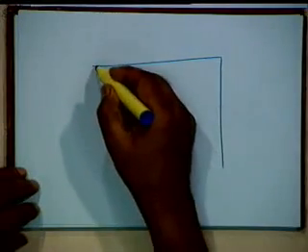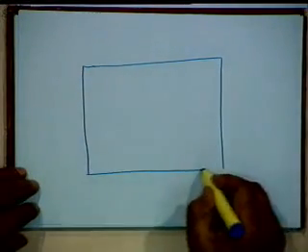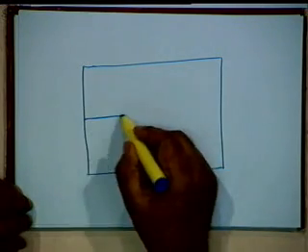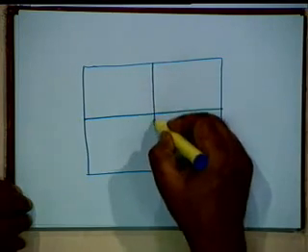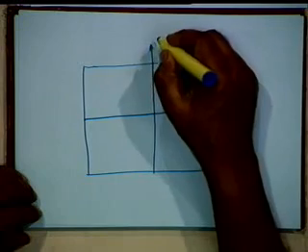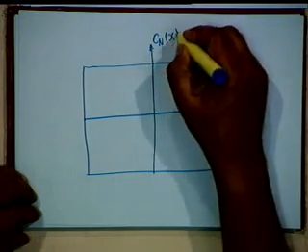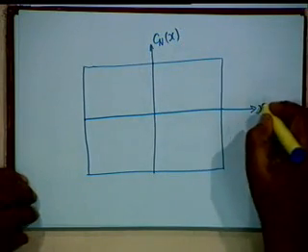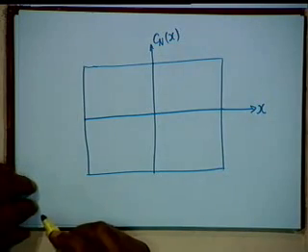Now, a picture is a better indicator of these properties. Draw this picture, draw a square and divide it into 4 equal parts. We plot Cn of x in this direction and x in this direction.